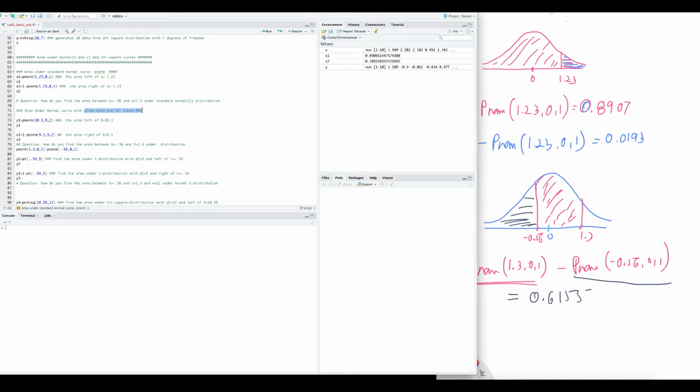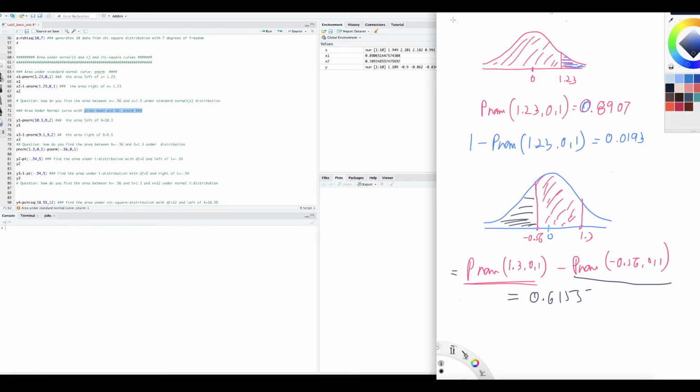If the mean and standard deviation are different from 0 and 1, then how do we find the area under a normal curve? That's the next thing we want to do.